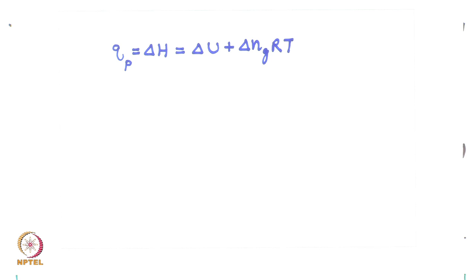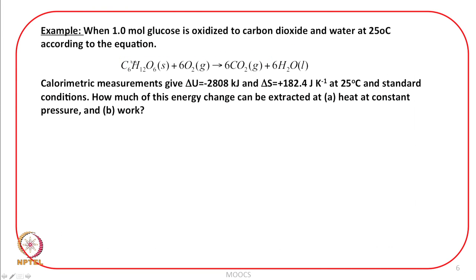Let us take a look at the relation given to us. In this, 6 moles of oxygen produce 6 moles of carbon dioxide. So, delta Ng is equal to 0.